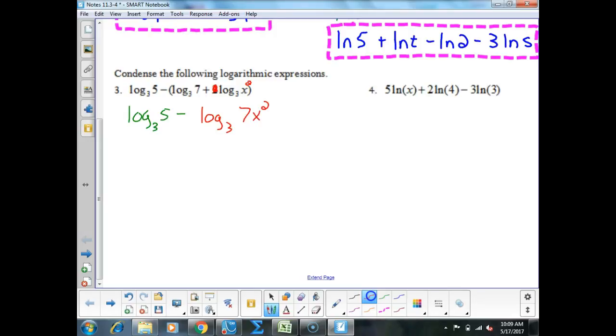But I still don't have one single solitary log, but I can write this as log base 3 of 5 divided by 7x squared.